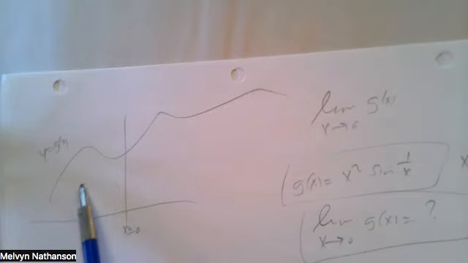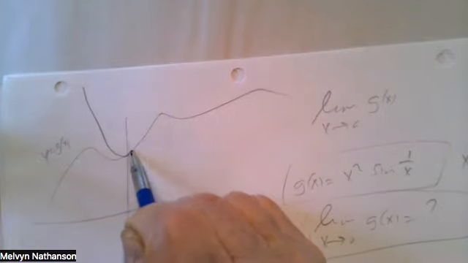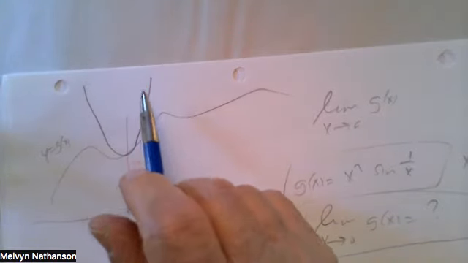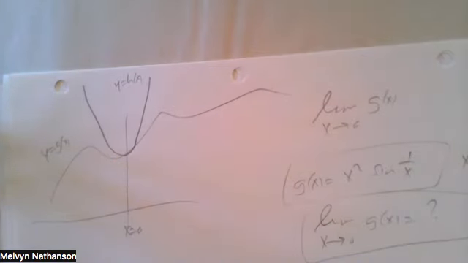But sometimes it happens when you have a function g of x that there's some other function, let's call it y equals h of x, and suppose that h of x is bigger than g of x when x is close to a.